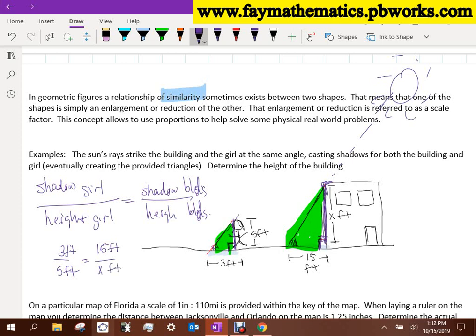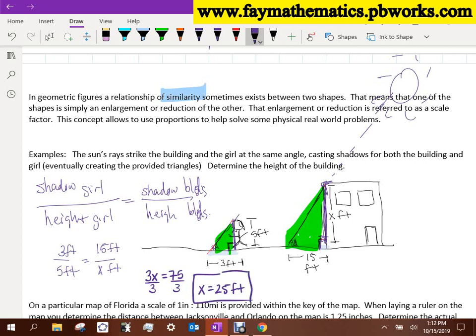That's X. Is that a proportion? So we set this proportion up. We're going to cross multiply, right? Do we end up with 3X equals 75? Divide both sides by 3. What's X going to be? X is 25. X is 25 feet.